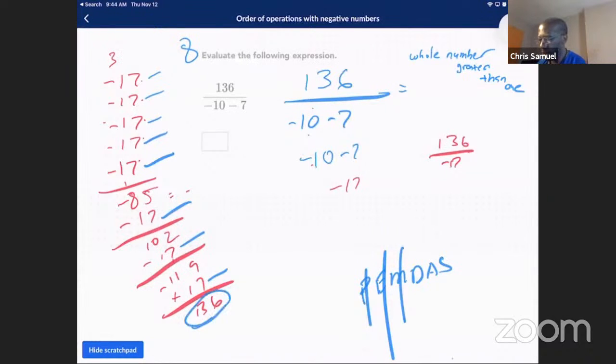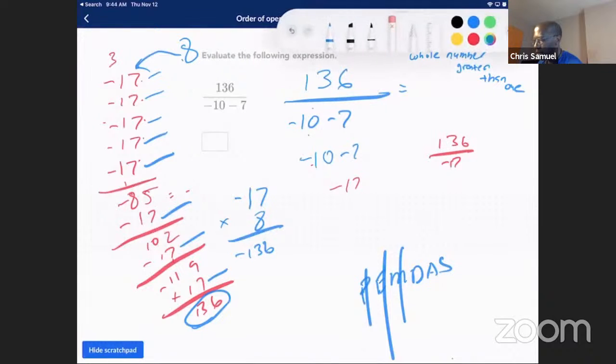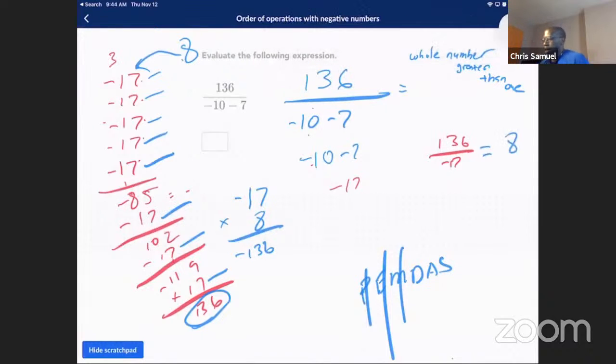So that means 8 times 17 would be 136, or 8 times negative 17 would be negative 136. That means over here that negative 17 goes into 136 8 times.